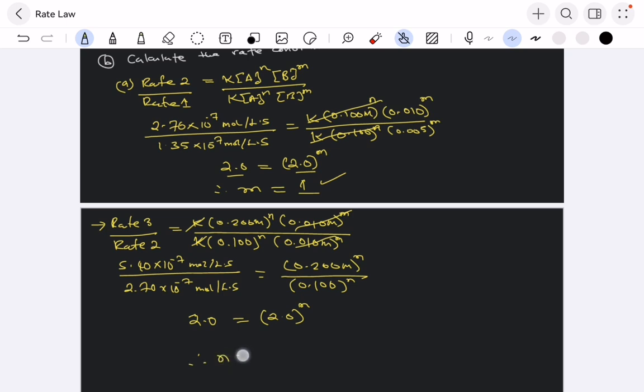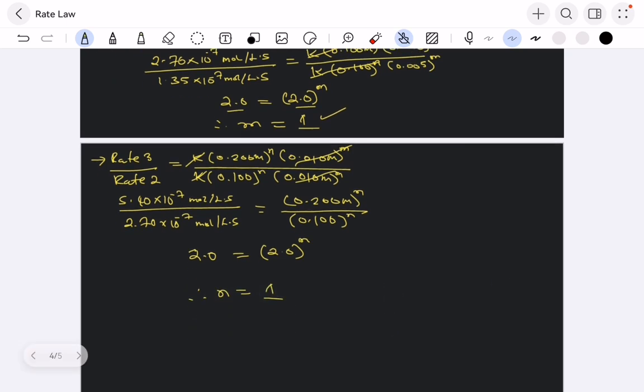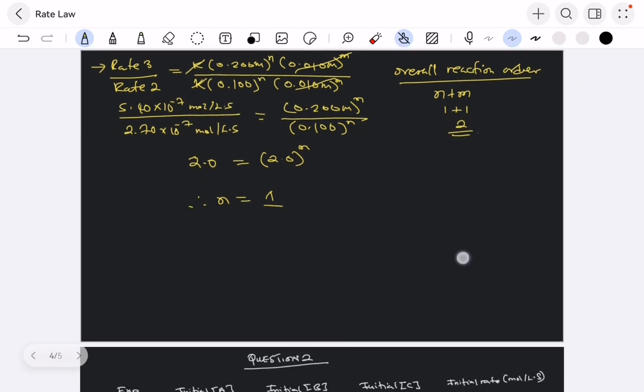Therefore our n is equal to 1. So to find the overall reaction order, it's n plus m, so it's 1 plus 1, meaning the order for this reaction is 2.